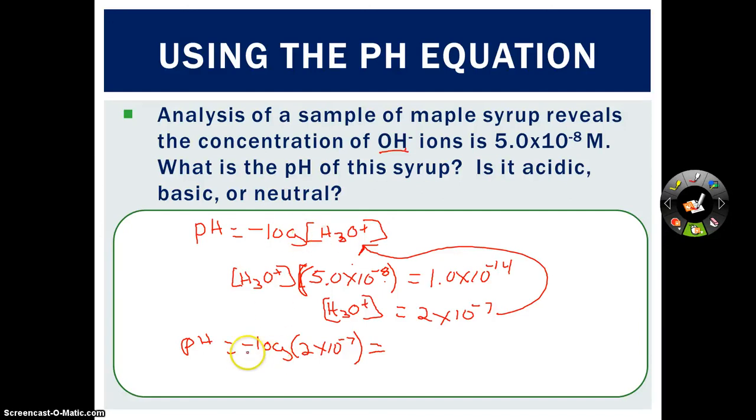So on my calculator, I would just put in the negative sign, find the log button, and then plug in 2 times 10 to the negative 7. I get 6.70 as my pH. pH has no units.